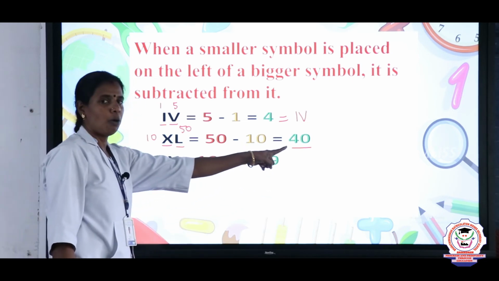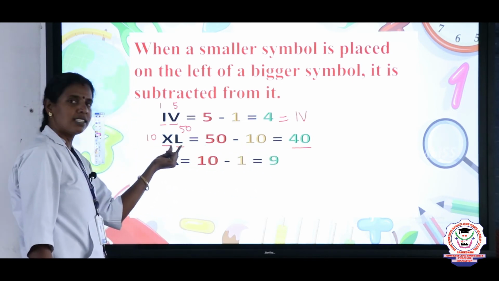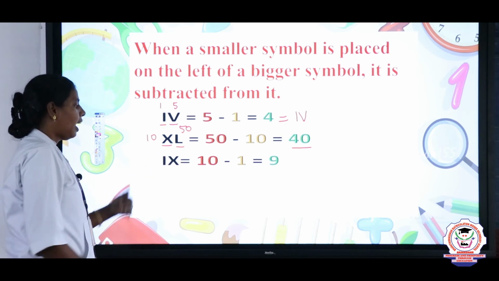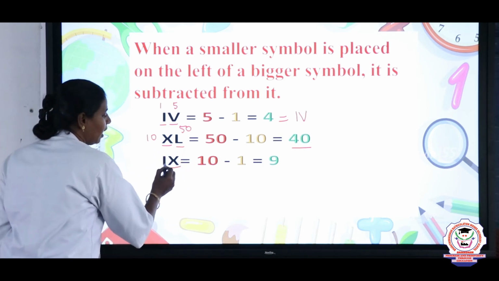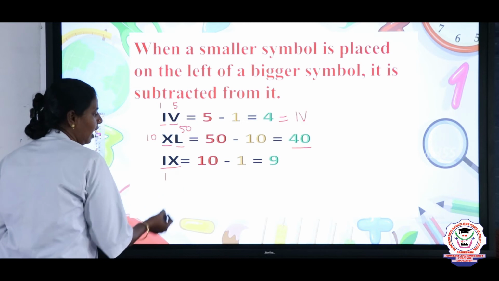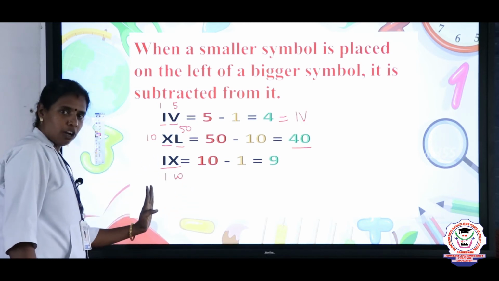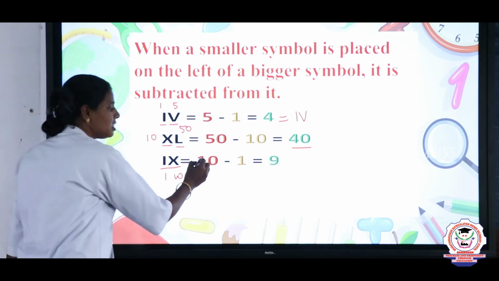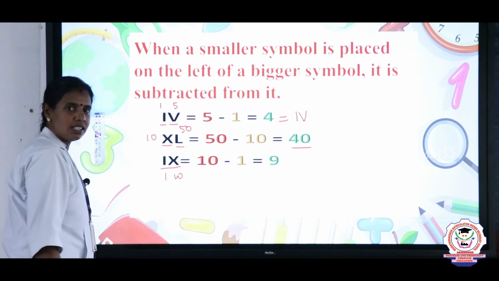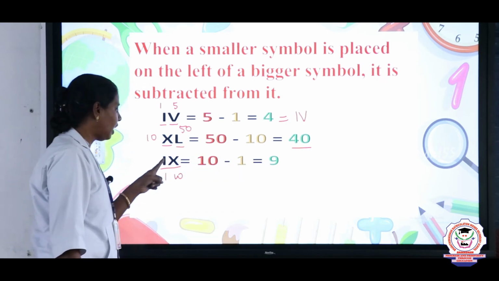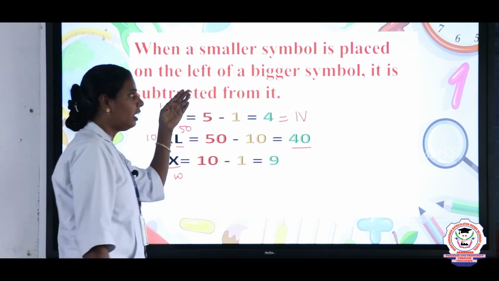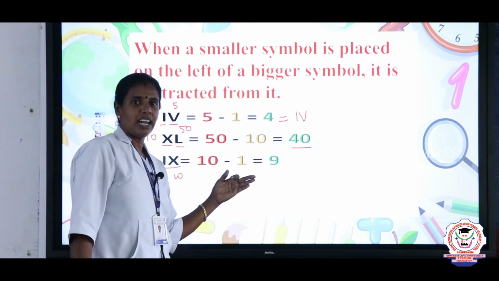Therefore, the Roman numeral for 40 is XL. Is it clear? And one more thing is IX, I for 1 and X for 10. So it is on the left side of the bigger symbol, right? Then it is subtraction. 10 minus 1 is 9. Therefore, the Roman numeral for 9 is IX. Is it clear? So, that gives 4 and 9.